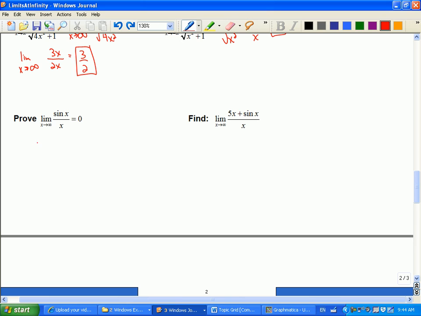So if we wanted to prove it, I could say again that the sine of x is between 1 and -1. So -1 over x. We can do a quick sketch of the squeeze theorem.